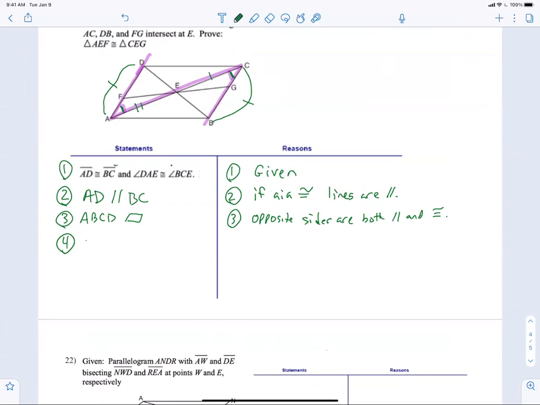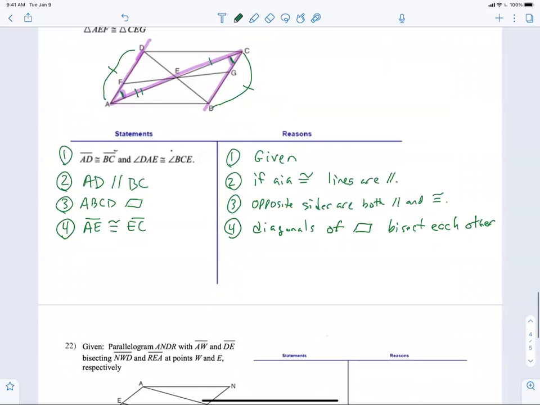AE is congruent to EC because, yep, they bisect each other. And then Lexi, we said what?